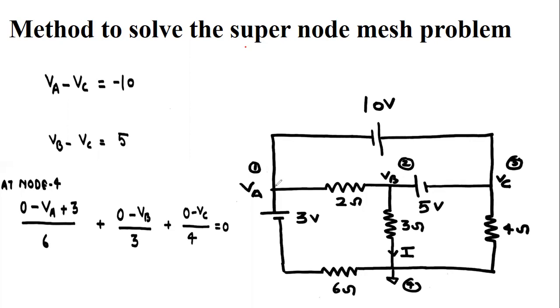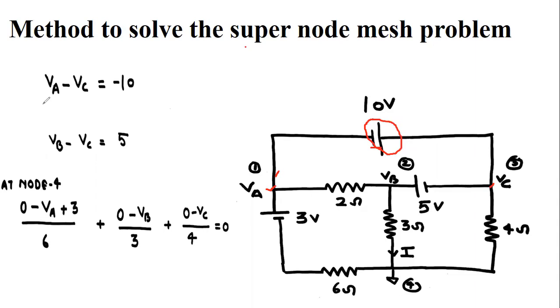So see, in the problem, we cannot apply the KCL at node A, but see that nodes VA and VC have only the voltage battery of 10 volt. So the potential difference of these nodes is equivalent to the potential difference of this battery.